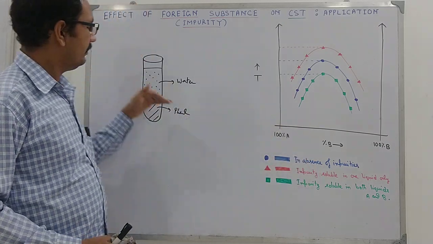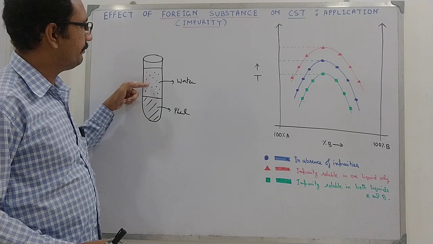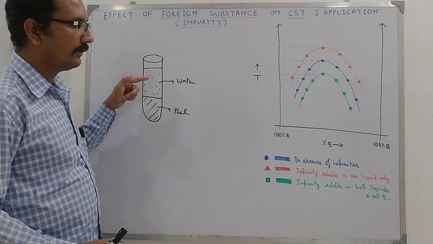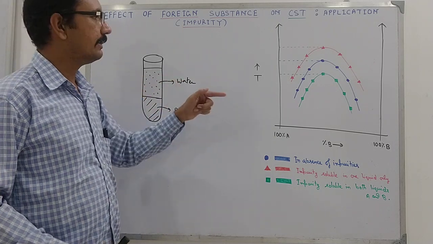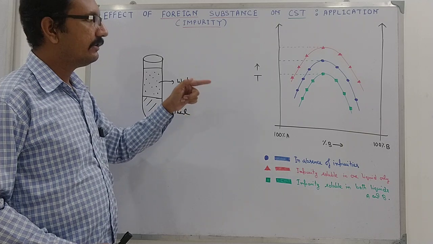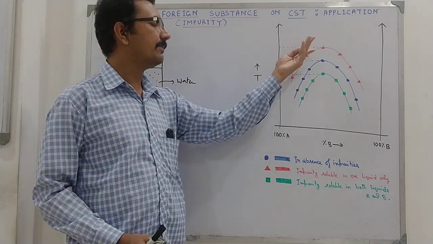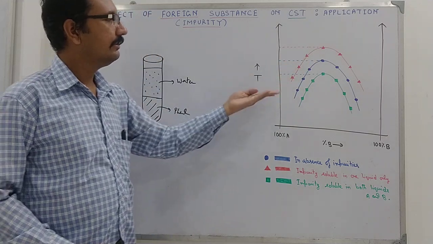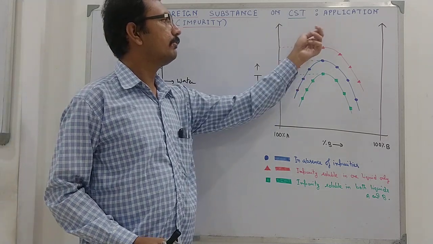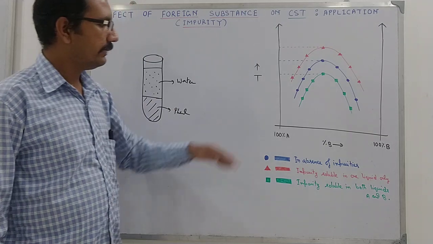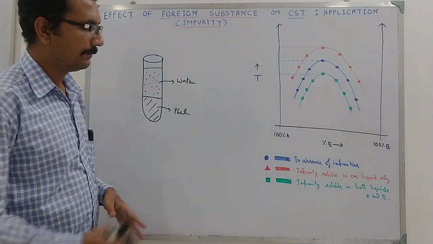So since solubility is decreasing owing to the impurity present here, you have to increase the temperature, since that only can increase the solubility in such systems having upper CST, and then the two layers will be converted to a single solution. So CST will go up here.